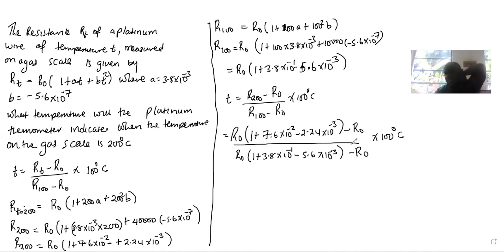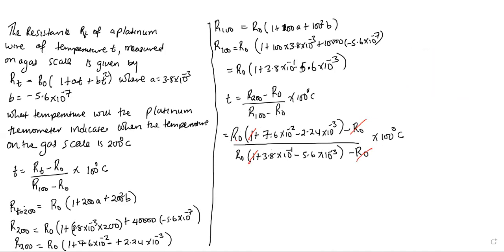So more patience is required in such numbers so that you can subtract off this one. 1 times R naught gives you R naught, so you will have R naught minus R naught. So when you subtract, you realize that you can actually divide off everything by R naught when you factor and simplify.